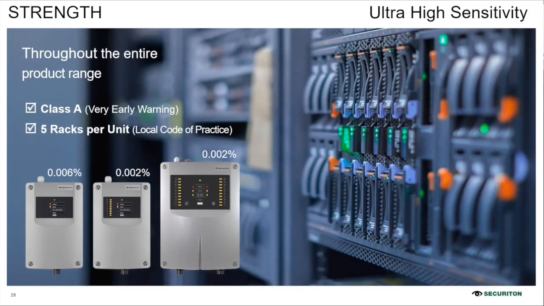Okay, the system is designed as per the local country specific practices. Whenever you design as per NFPA design or EN design, class A installation is usually preferred in a data center, as I explained in my previous slide. As per EN, an ASD system is capable of providing very early warning of a potential fire condition, particularly in a high risk area, with the benefits of staged responses.